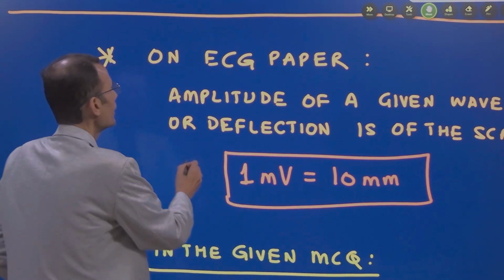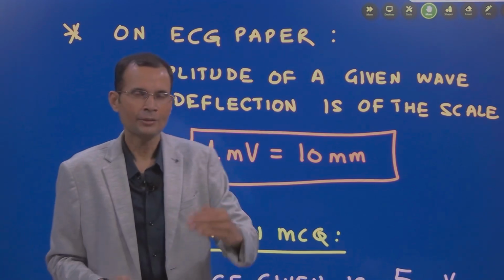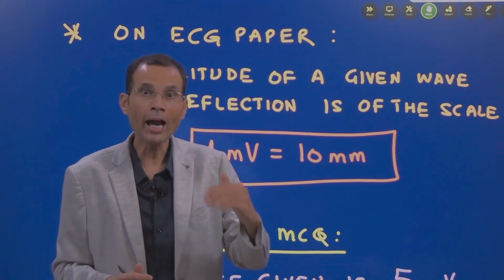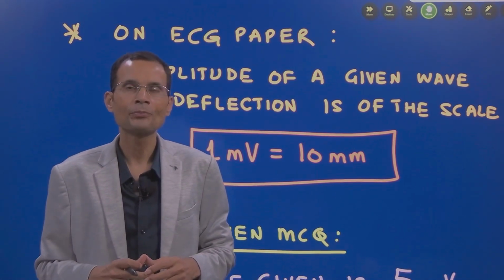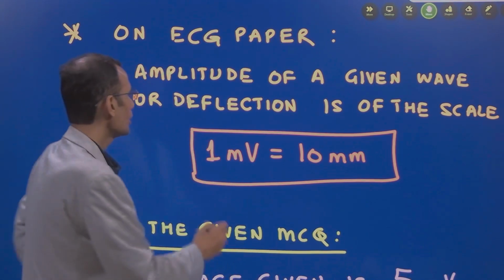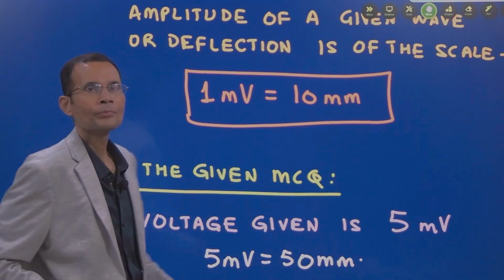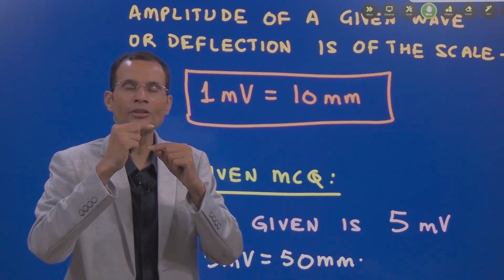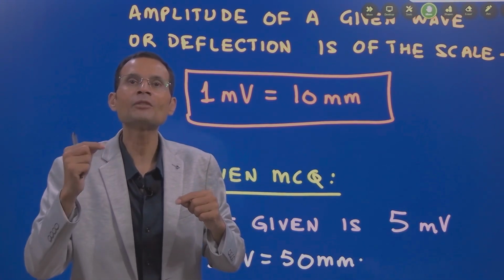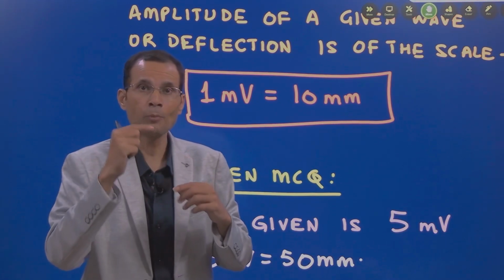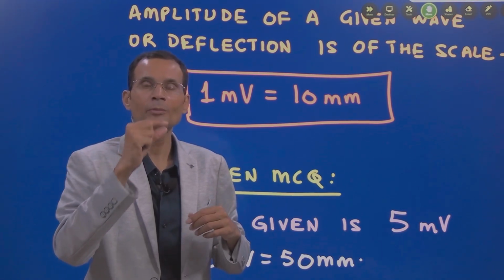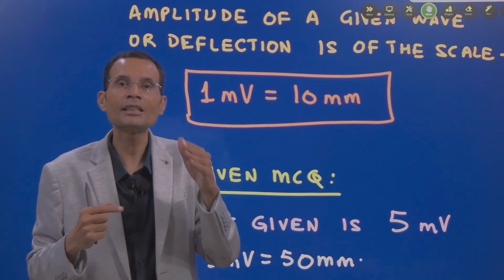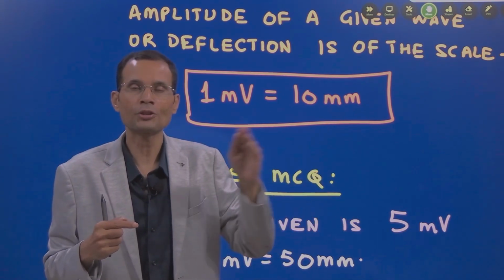Now what is the scale for the vertical axis? You must have read that vertically 1 millimeter, the smallest box, is 0.1 millivolt.